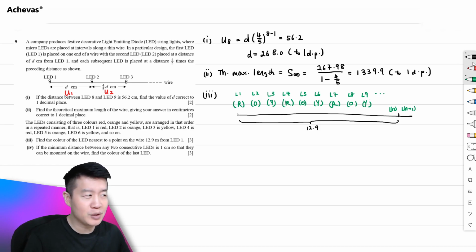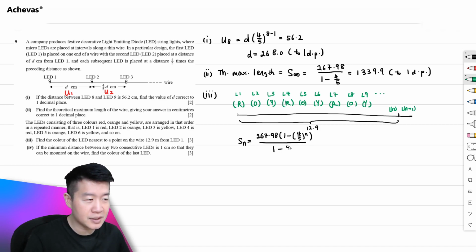So in order for me to do this, I'm going to do a sum Sn, for example. The sum of the GP will be 267.98, the first term, times 1 minus the common ratio, which is 4/5, to the power of n, the number of terms, divided by 1 minus 4/5. Okay, this is the distance.